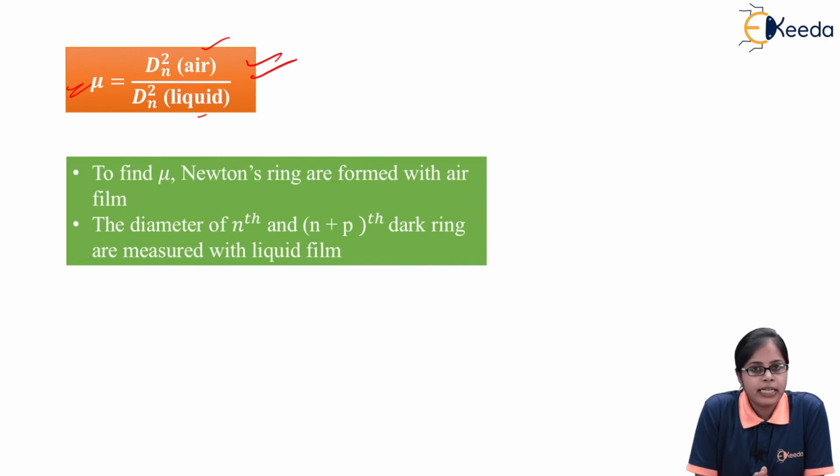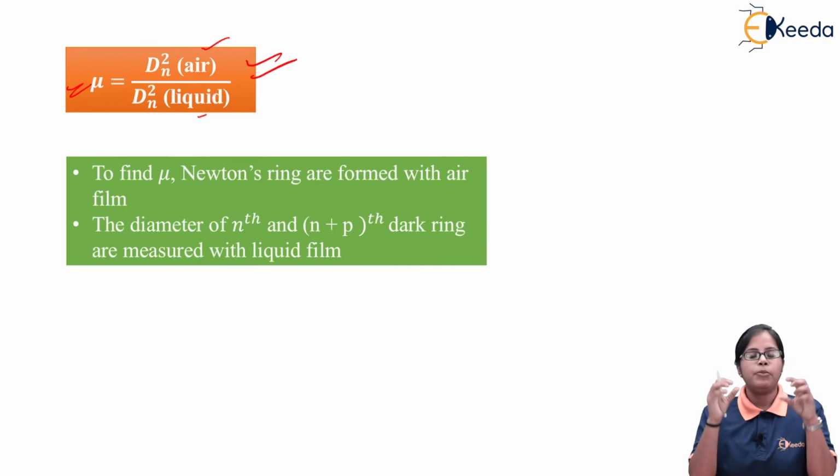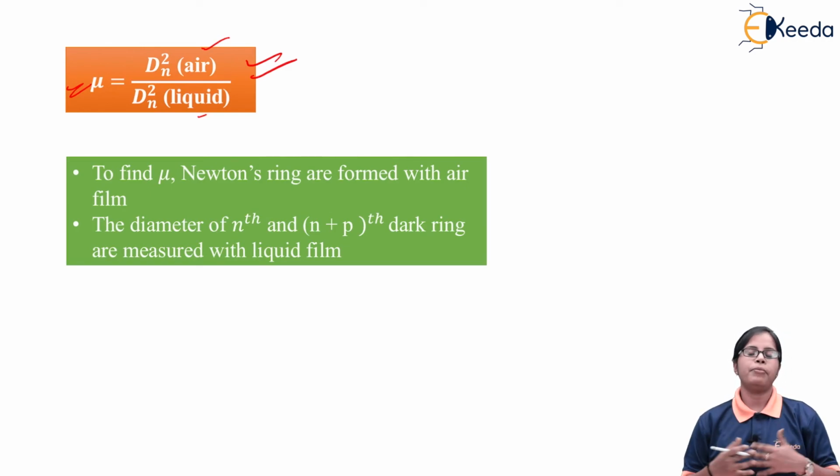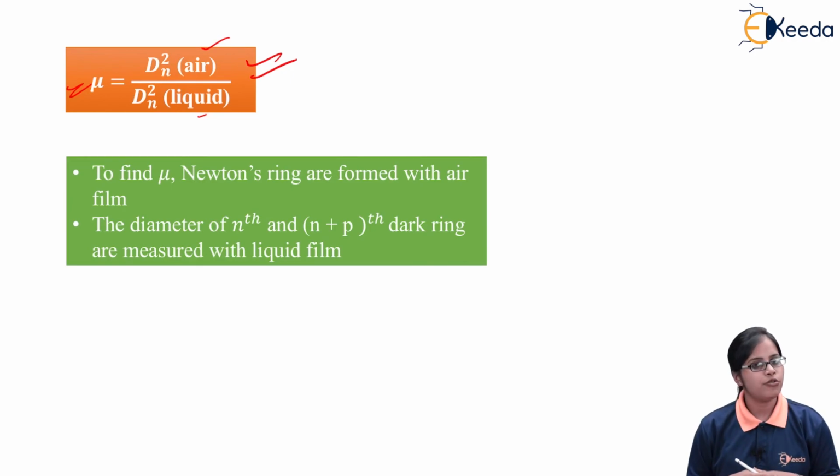So these are the different methods or formulas used for determining the refractive index of a liquid film used instead of air between the plano-convex lens and the plain glass plate, that is, in the Newton ring arrangement.